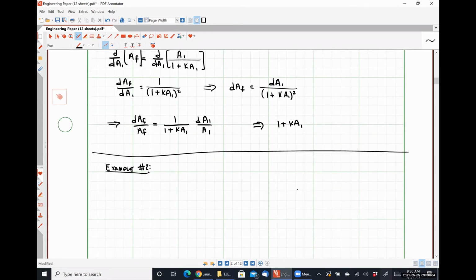So let's say that we have an amplifier with a nominal gain of A1 equal to 1,000 volts per volt, and it is exhibiting a change of 10% due to operating temperature variations.